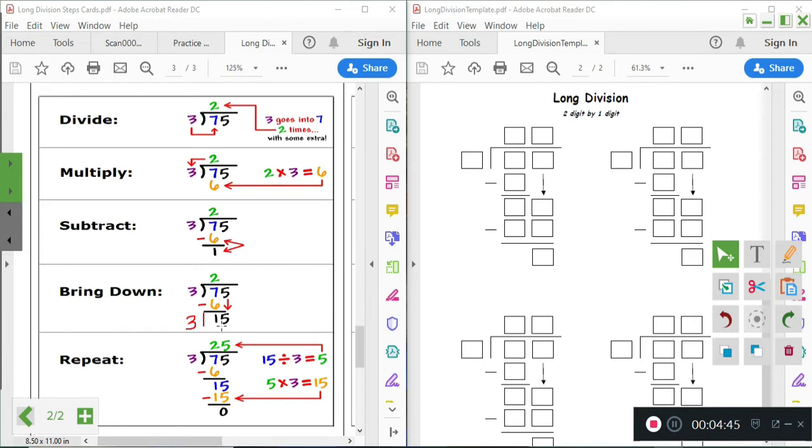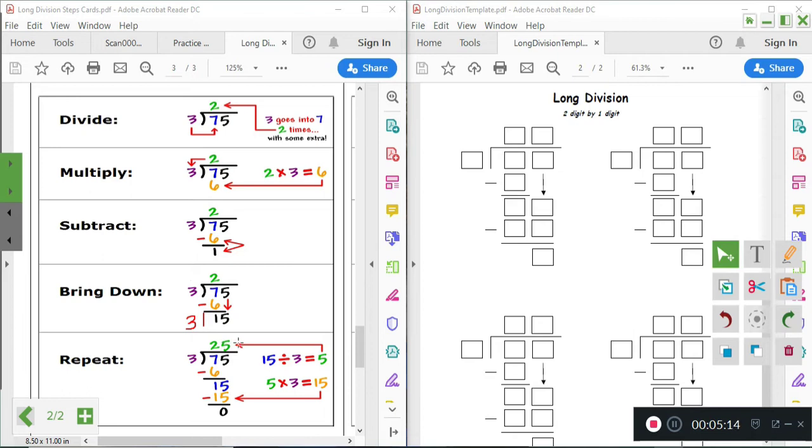How many times without going over? Well, 3 times 2 is 6. 3 times 3 is 9. 3 times 4 is 12. 3 times 5 is 15. That's right. So my answer, remember, answer goes on the top. Super silly, I know, but 3 goes into 15 5 times. So I go ahead and I put my 5 right up here on the top.